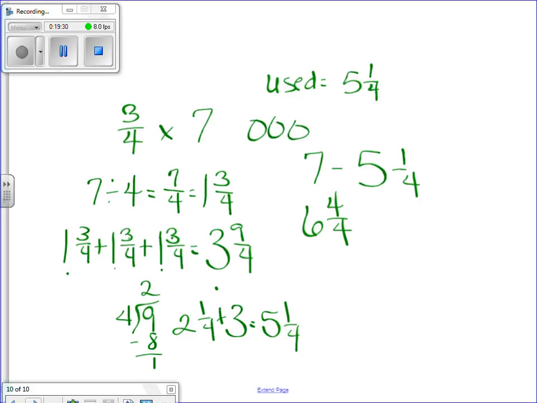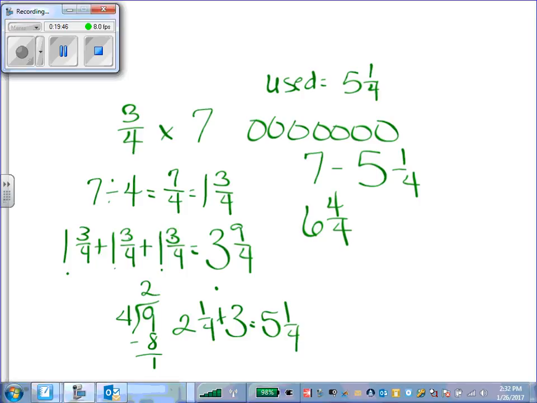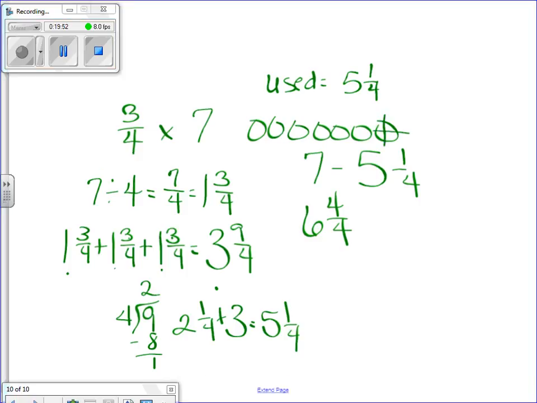1, 2, 3, 4, 5, 6, 7. How many lessons did we do? A quarter to do this. You cannot take a fourth from a whole. I cannot take out a half. These are all wholes. I have to take one of them, split it up.